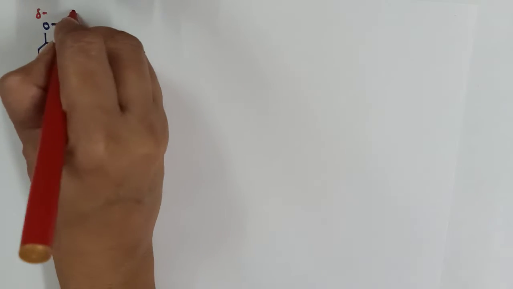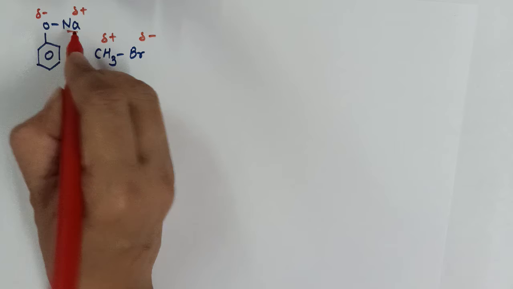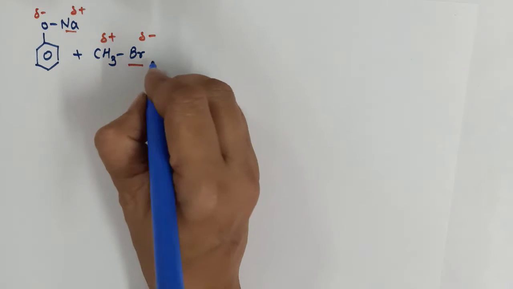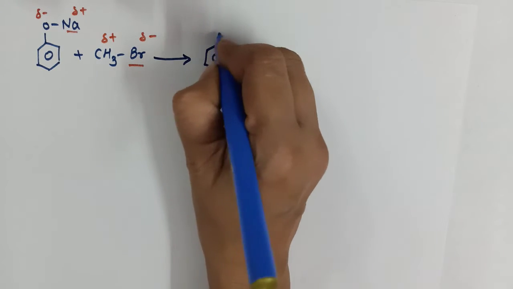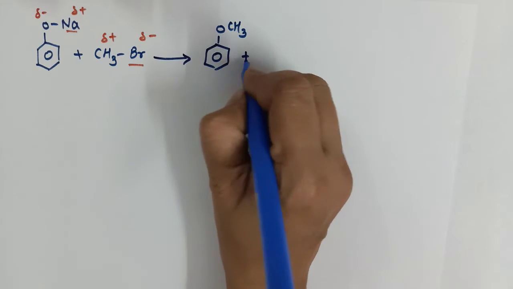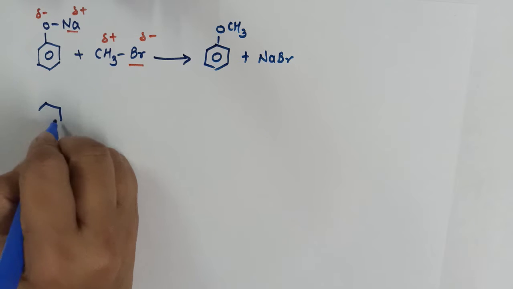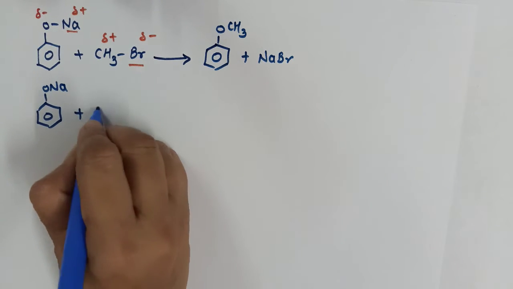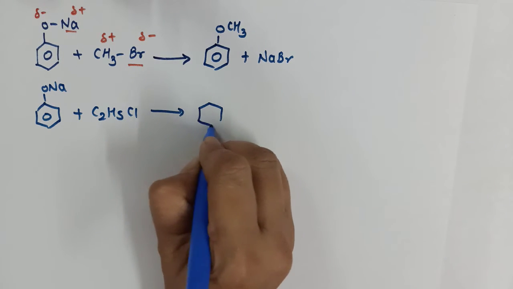Again we'll discuss about the separation of the charges, del minus, del plus, and sodium bromide will be formed as a byproduct, and we'll get anisole or methoxybenzene as the main product. Let us take one more example. Sodium phenoxide, when treated with chloroethane, we get ethoxybenzene.